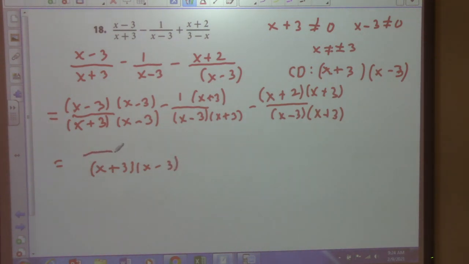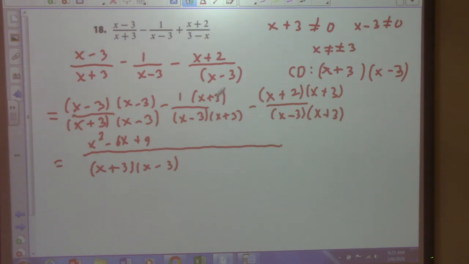And then what do we have on top here? Multiply this together, right? What do we get? We multiply this together right here. x squared. I'm getting x squared minus 3x minus 3x, so minus 6x plus 9.